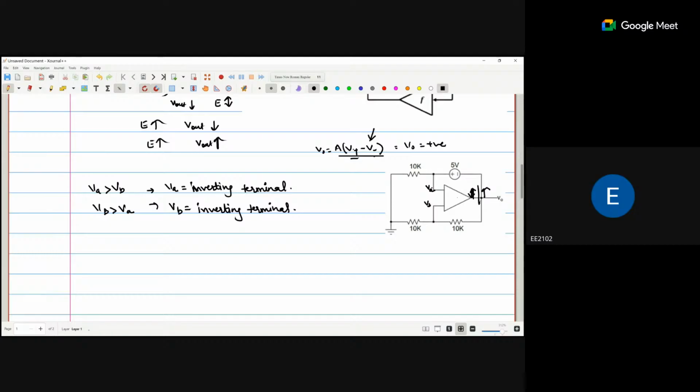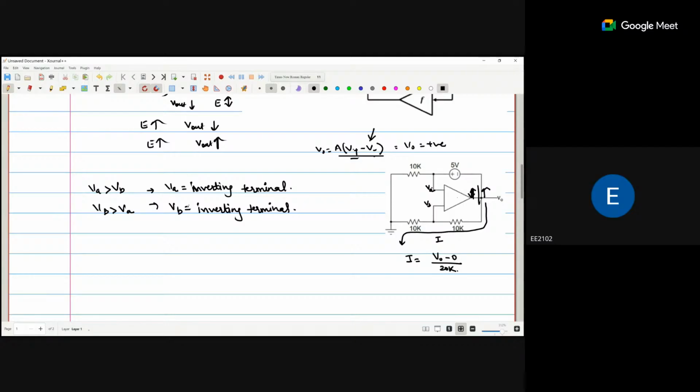So we are getting the negative output voltage. Now if I check the VB voltage, here we are getting V naught. The current will pass from this V naught to the ground. I say this is the current I. So I is V naught minus 0 divided by 20K.